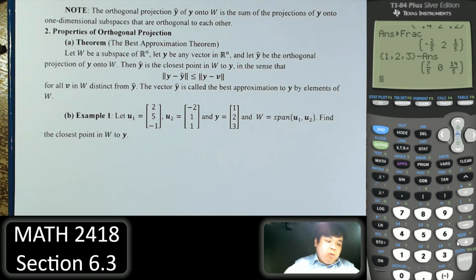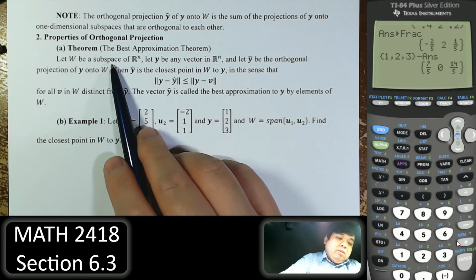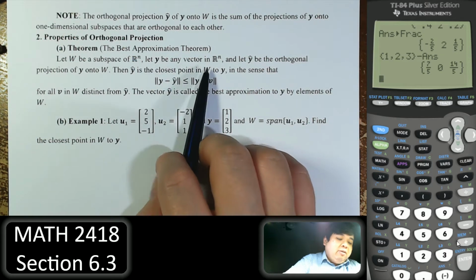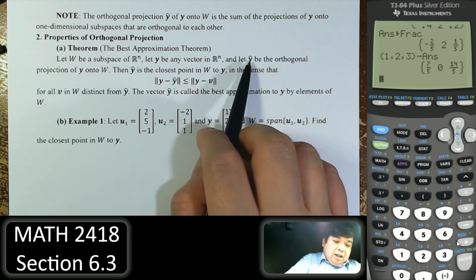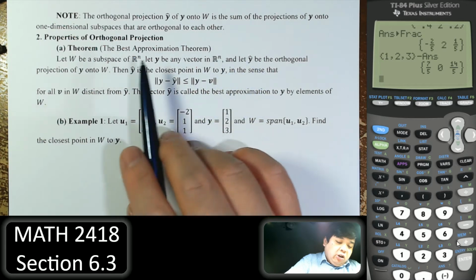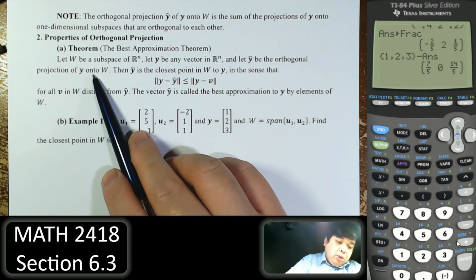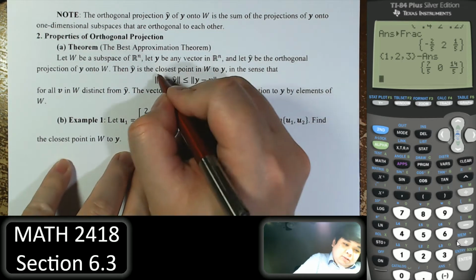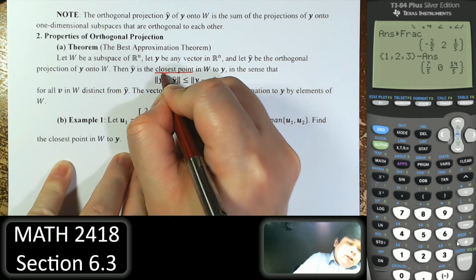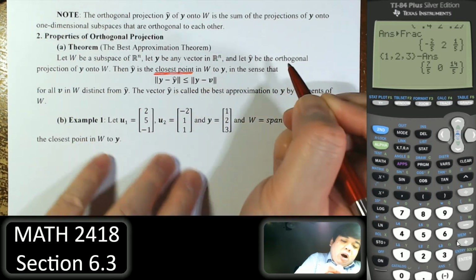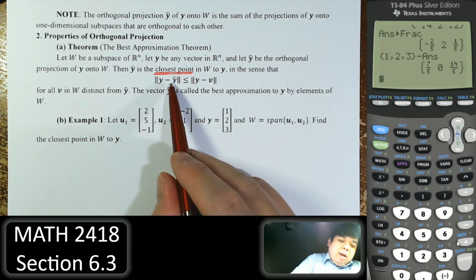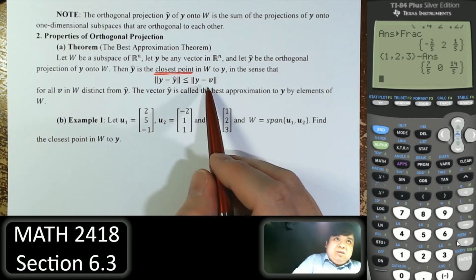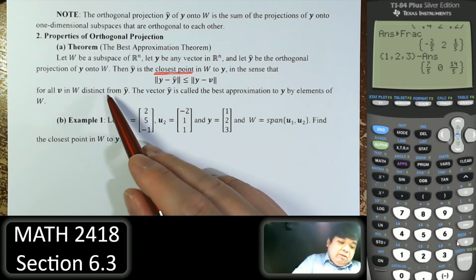And that's essentially what we have here. Let W be a subspace of Rn, let y be any vector in Rn. Then y hat will be the orthogonal projection of y onto W, and y hat is the closest point in W to y, in the sense that the length of y minus y hat is less than or equal to the length of y minus v, for v any vector in W.